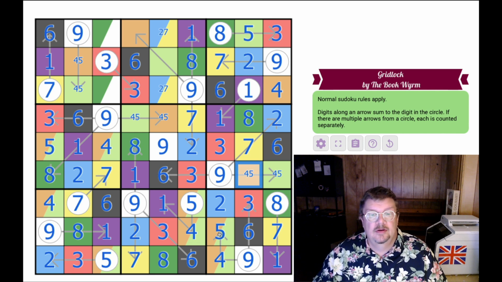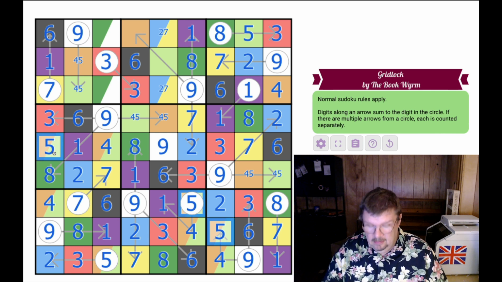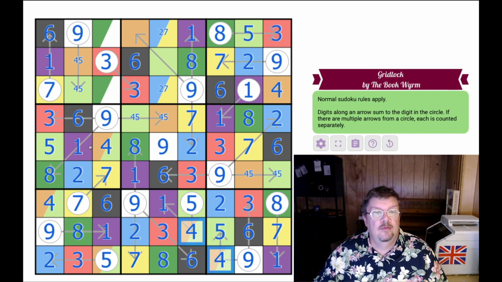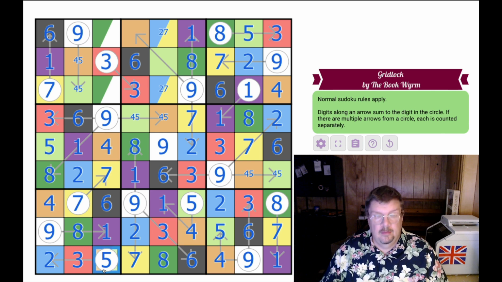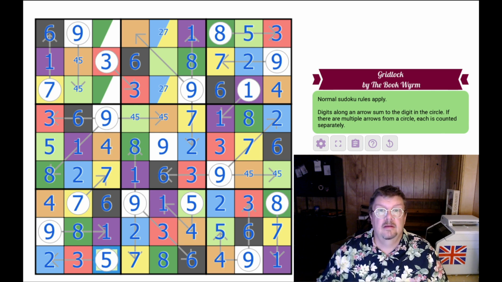I am going to adjust these colours because I want to. So all of the 5s become light green. All of the 4s become orange. That one is light green.